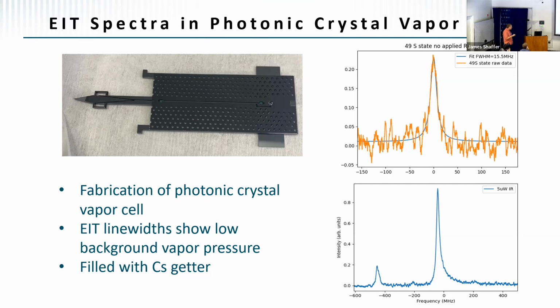You can see a little broadening here from electric fields on the wall in the D state, but this is an S state, so it's more symmetric. But still, 15 megahertz here and about the same here. And these are also filled with a getter. You can see that, again, the projector is not the greatest, but you can see a little pocket here where that's what the cesium is located.